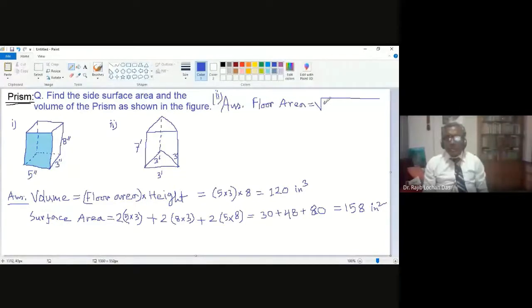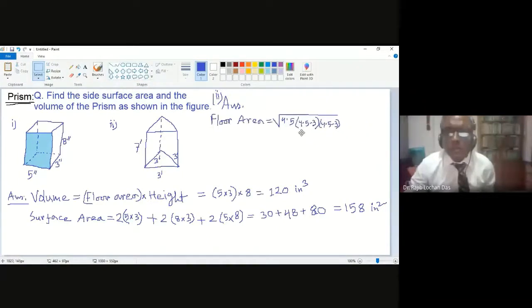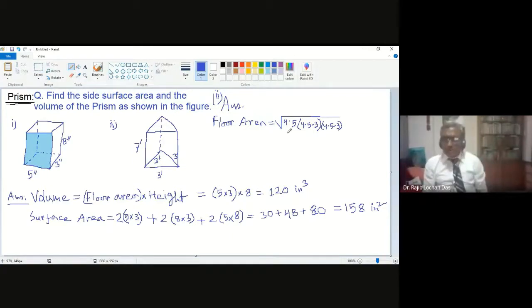So 4.5, and then 4.5 minus 3, and 4.5 minus 3, 4.5 minus 3. Okay, so altogether it is 4.5 into 4.5 into 1.5 into 1.5, right? So what will be the answer? Who can tell me the answer?